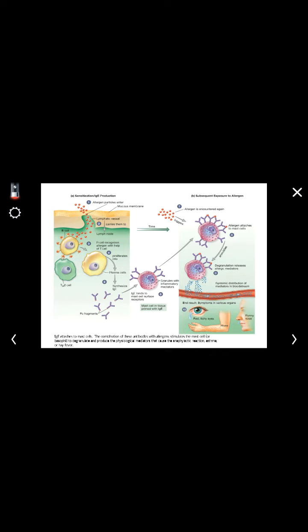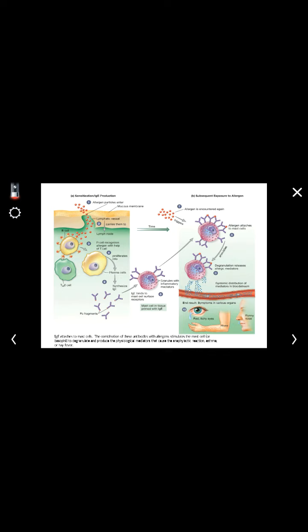This proliferates into plasma cells, which synthesize IgE. IgE goes on and binds to mast cell surface receptors and mast cells in the tissue. Mast cells primed with IgE will then attach to the allergen, which stimulates degranulation, which releases allergic mediators.